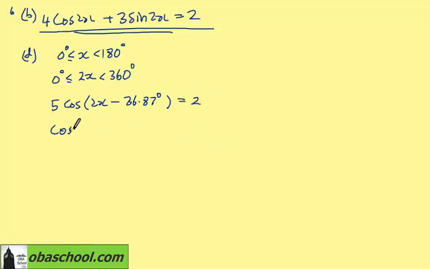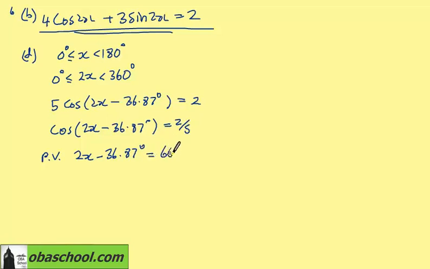So that gives us cos(2x minus 36.87 degrees) is equal to 2/5. For the principal value, we have 2x minus 36.87 degrees is the inverse cosine of 2/5, which is 66.42 degrees.